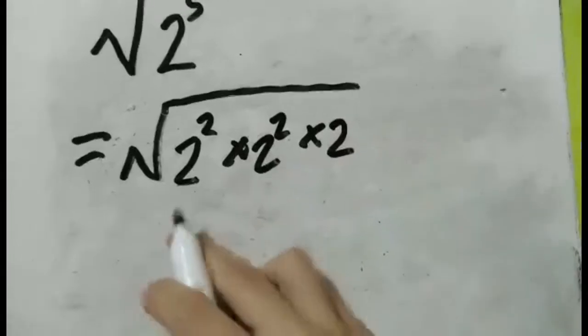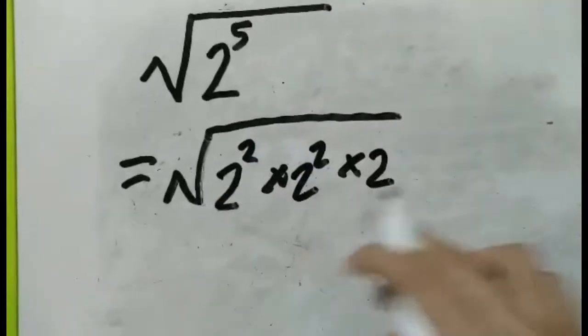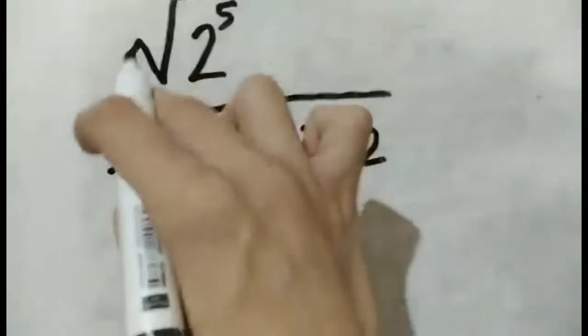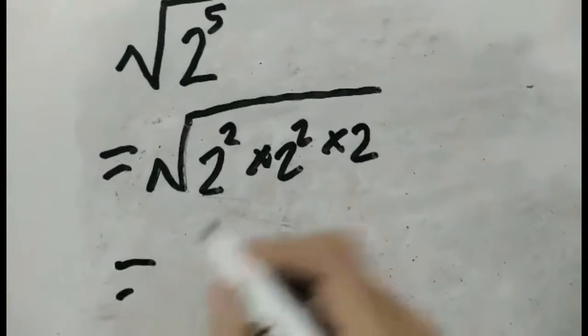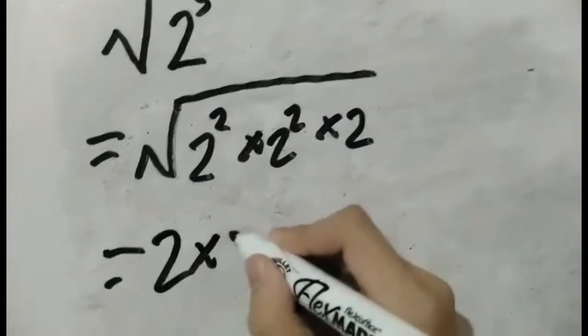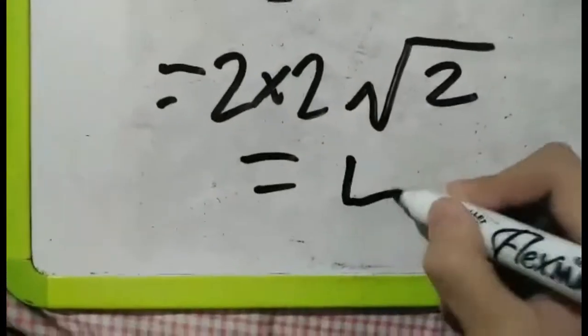So 2 2's, and 1 2 makes 5 2's. And of course we need 2 2's since our index is 2. So now simplify these both. 2, 2, which gives us 4 raised to 2.